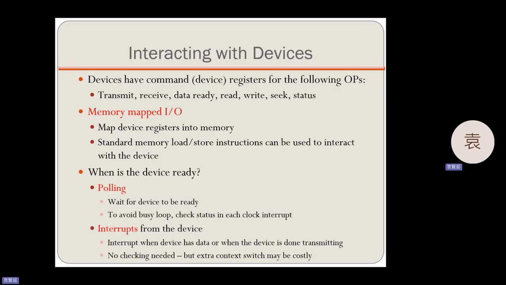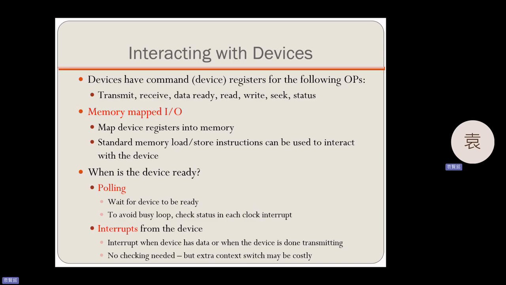To interact with a device, in general most processors use device registers or command registers associated with each device. These registers are usually used for operations, for example transmit data, receive data, and set the status, such as data ready, read, write, seek, and status check, and so on.